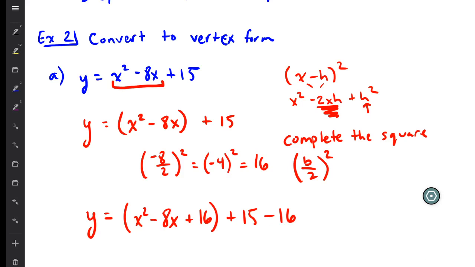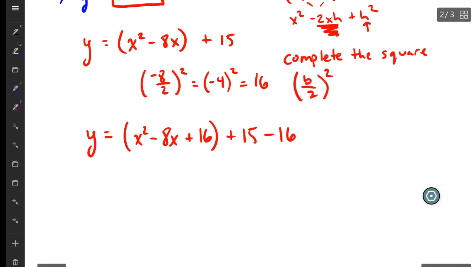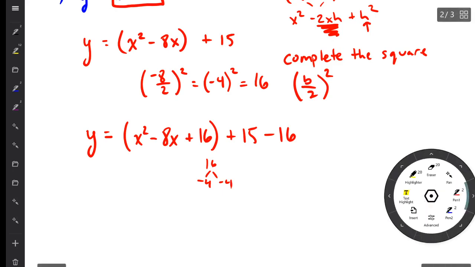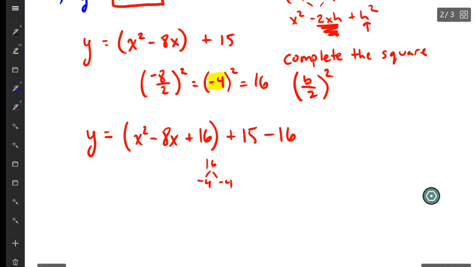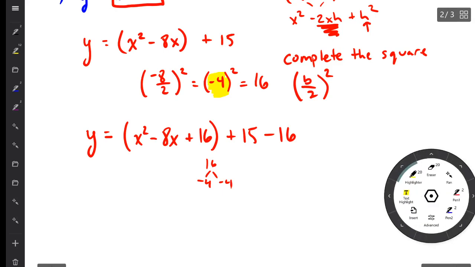But because I have this parentheses, now I can think, what are two numbers that multiply to 16 and add up to -8? And that's -4 and -4. If you notice, that pattern is always going to be this number up here, which is what we wanted.